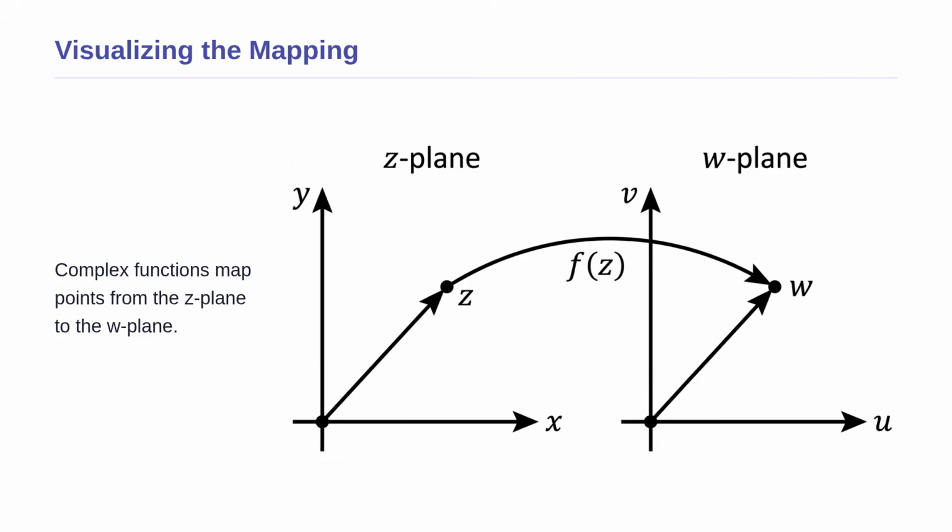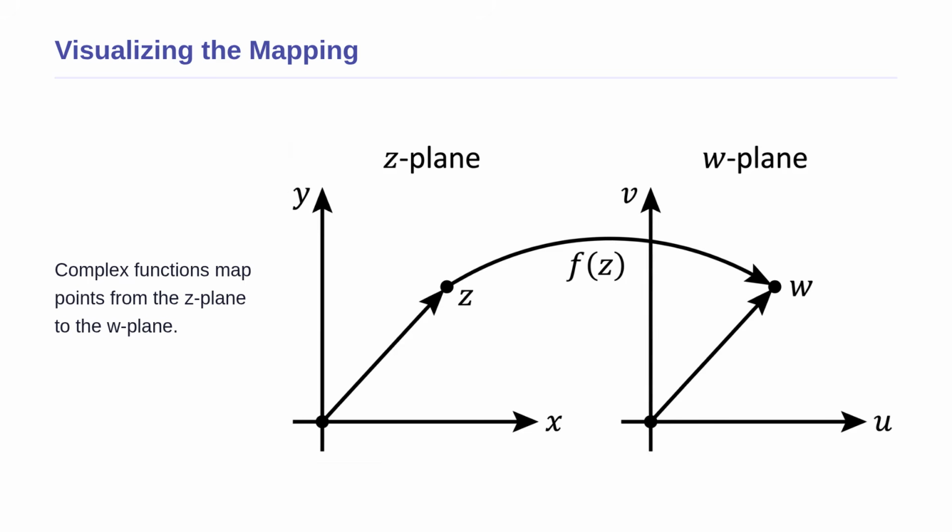Before we move on, let us see this with a concrete visual. The diagram you are looking at explains how a complex function operates as a mapping. Instead of drawing a single graph with an input axis and an output axis, we must draw two separate planes. On the left, we have the z-plane, representing our input space with x and y axes. On the right, we have the w-plane, representing our output space with u and v axes.